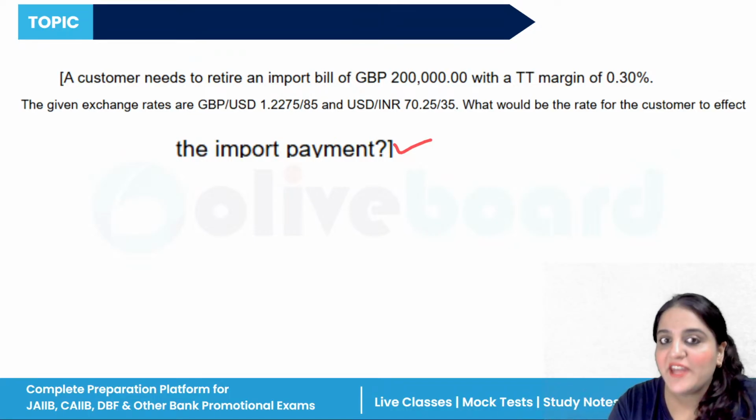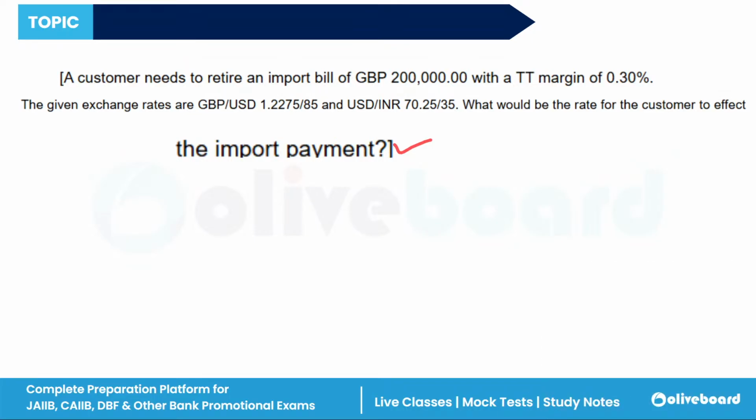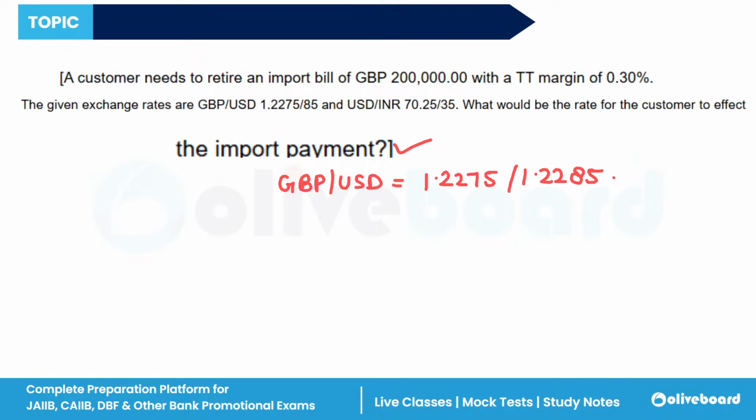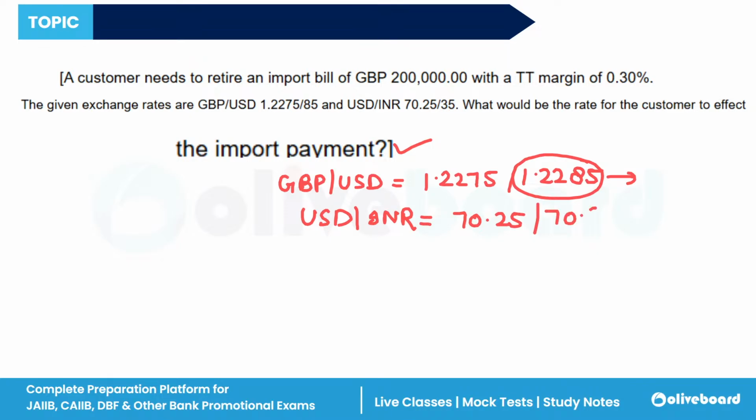So how can we calculate these things? Basically simple. Here for this calculation, British pound US dollar is 1.2275 to 1.2285. Use the ask rate here, and in the case of US dollar INR rate, 70.25 and 70.35 is given.